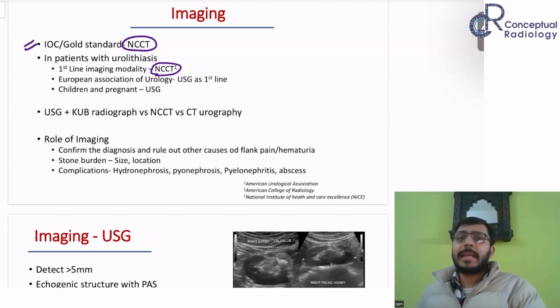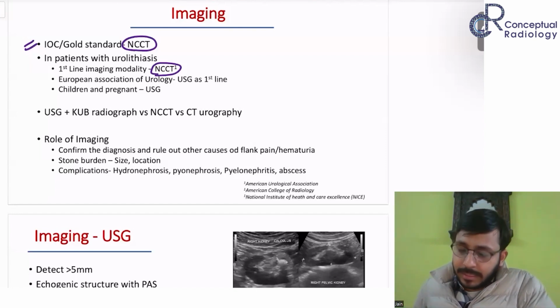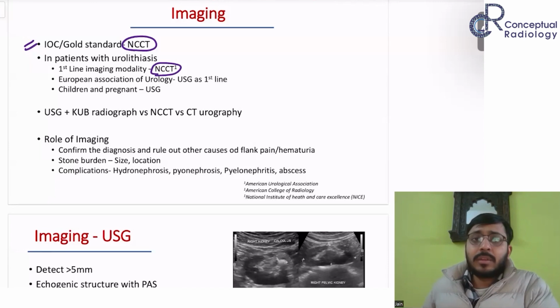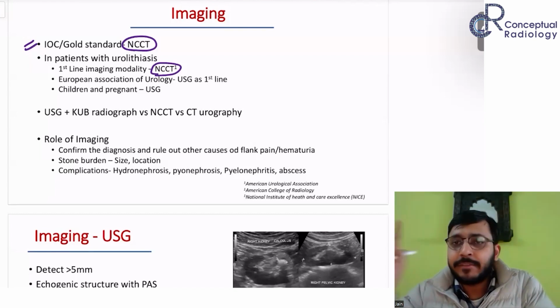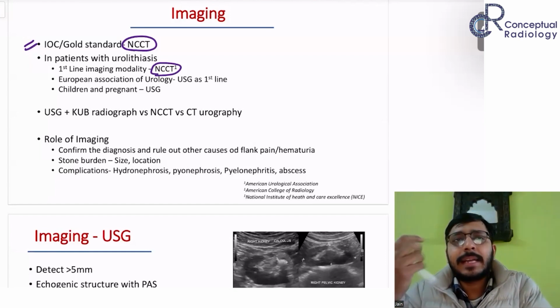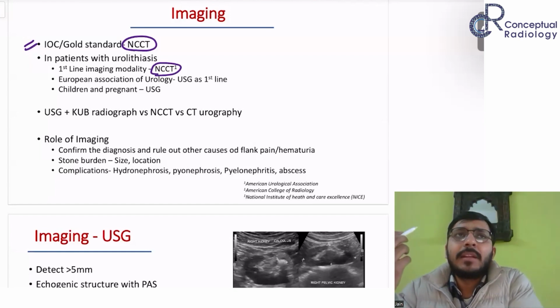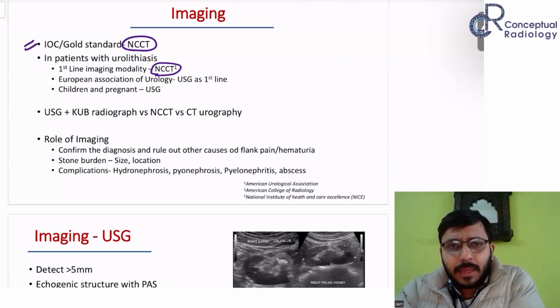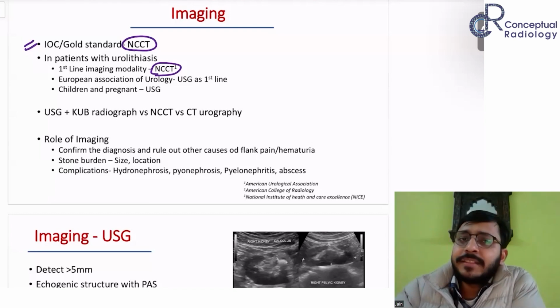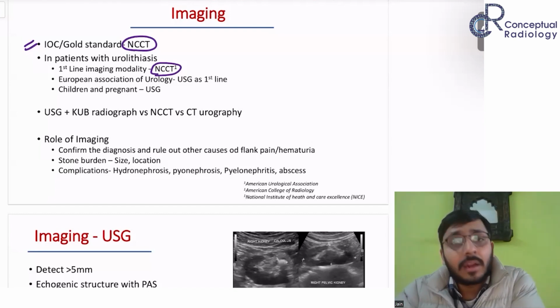For example, a patient came with a typical pain in the flank radiating to the groin, or a groin pain, and you suspect it is a colicky type of pain. So you're suspecting a renal or a ureteric colic. You have to order an NCCT first. Now, I agree that in emergency scenarios, sometimes there is a non-specific type of pain. So let's say the patient came to you with an epigastric pain or a diffuse pain or a pain looking like appendicitis pain, then obviously the first investigation in that case will be an ultrasound.